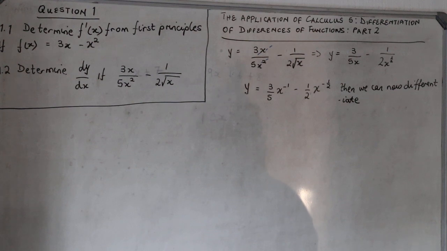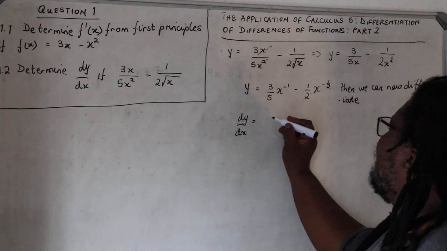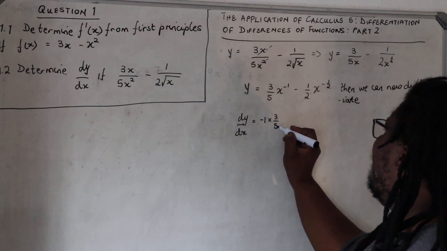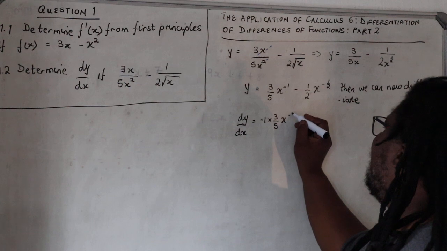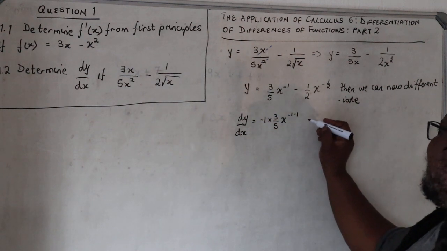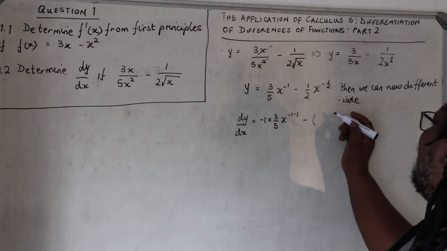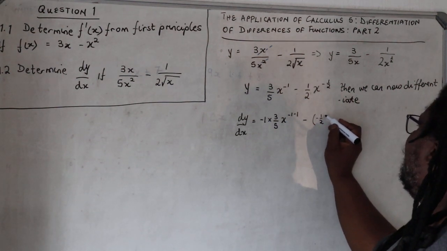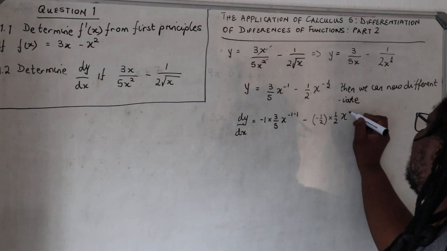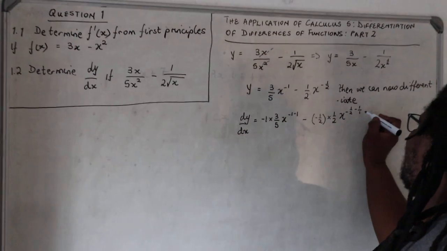So we say dy/dx is equal to minus 1 times 3 over 5 and x to the power minus 1, and we subtract 1. And the next one we say minus, bracket, minus half multiplied by half, times x to the power minus 1 over 2 minus 1 over 1.